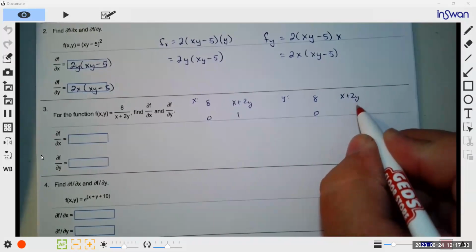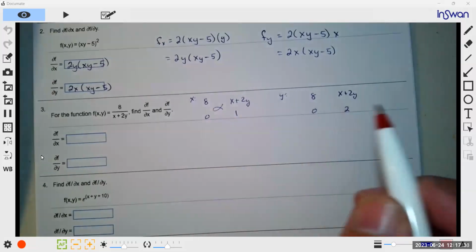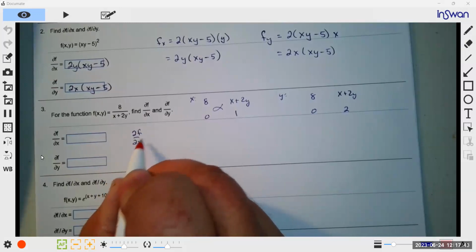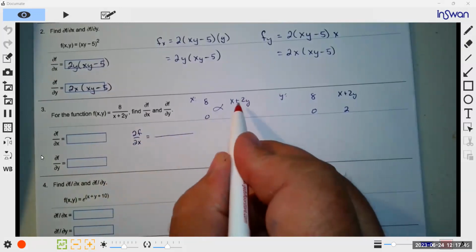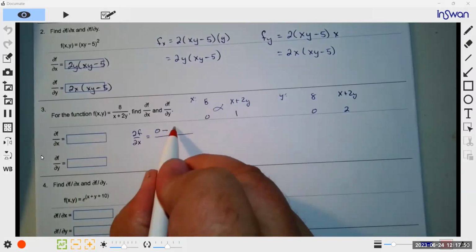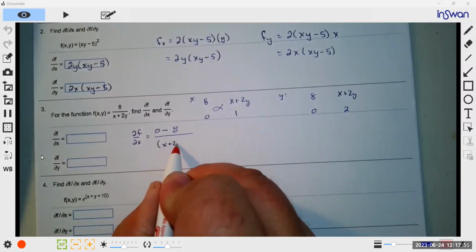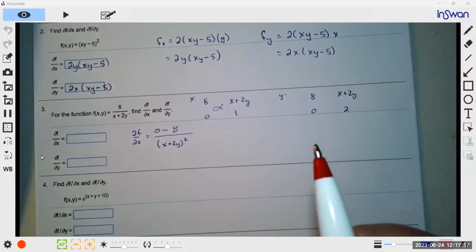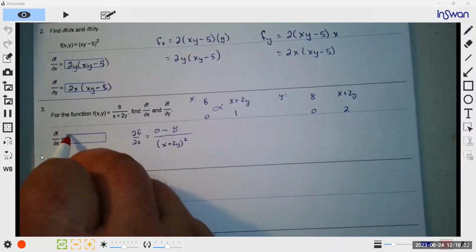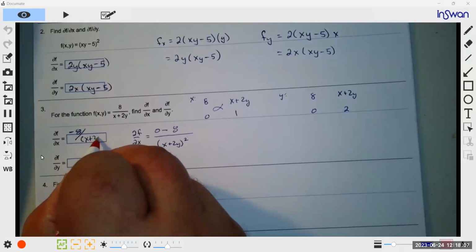The derivative with respect to y is 2. So the partial with respect to x, this times 0 is 0, minus 8 times 1, all over the denominator squared. So it's negative 8 over (x plus 2y) squared.